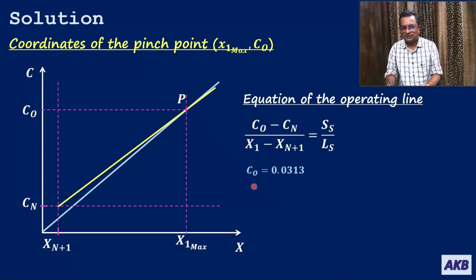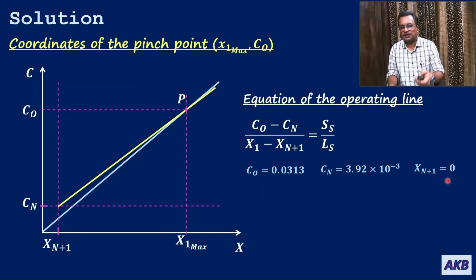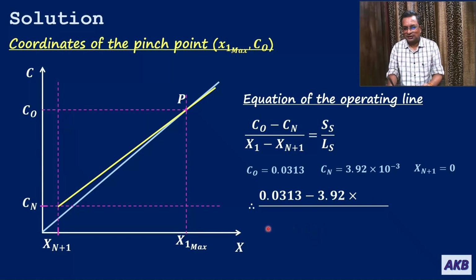C0 is 0.0313, Cn is 3.92 into 10 to the power minus 3, Xn plus 1 is 0. Why is it 0? Because we are using fresh adsorbent, dry silica gel. It is not containing any water on its surface.